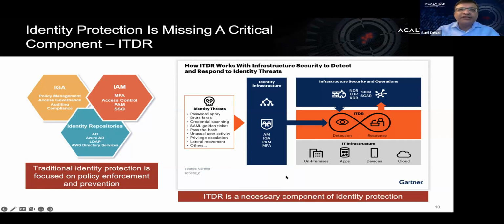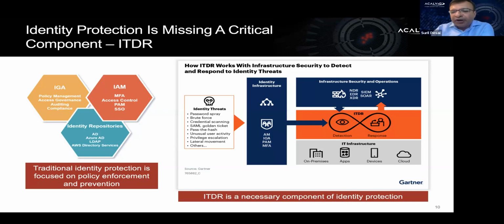Enterprises have already invested in EDR, endpoint detection and response. Some of them have also deployed NDR, network detection and response. EDR provides an endpoint-centric view. NDR looks at it from a network perspective, but attackers are pivoting to identities. So there is a need for the defender and the enterprise to deploy a solution which looks at the ecosystem from an identity-centric viewpoint as well, which is the new component called identity threat detection and response.